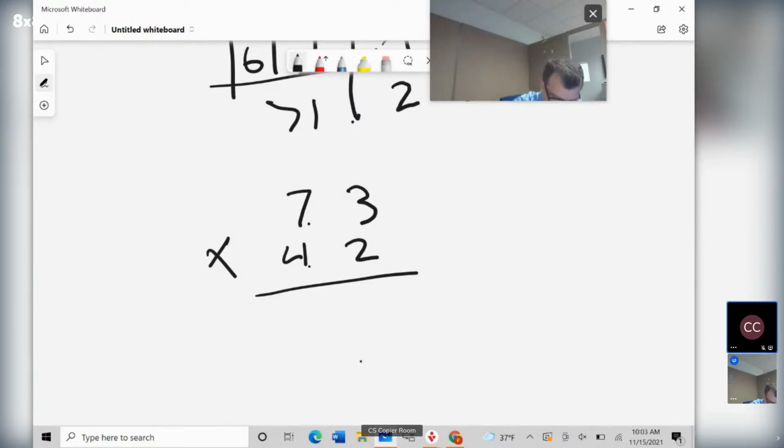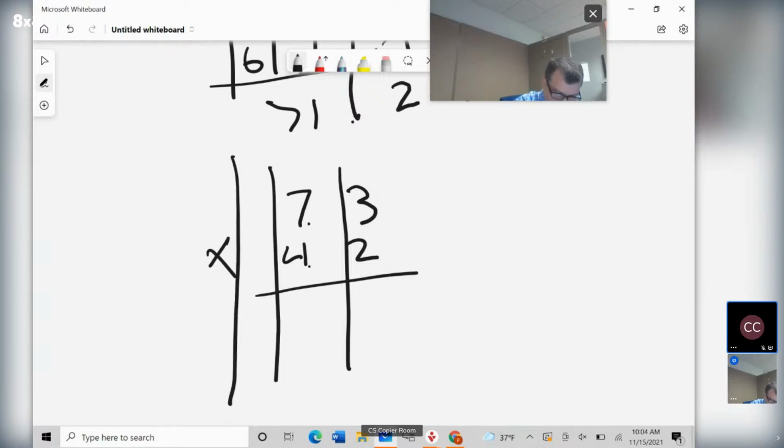So let's try the columns again. Remember, the decimal is going to be right there. So in this case, 2 times 3 is 6. 2 times 7 is 14. And then we have 4 times 3 is 12. Carry the 1. 4 times 7 is 28. Plus 1 is 29.